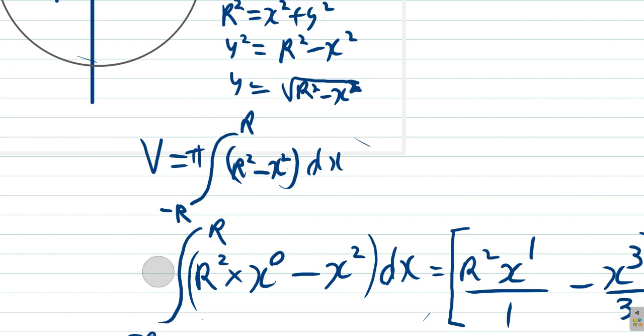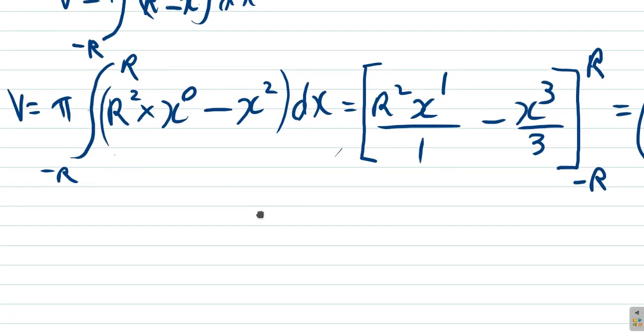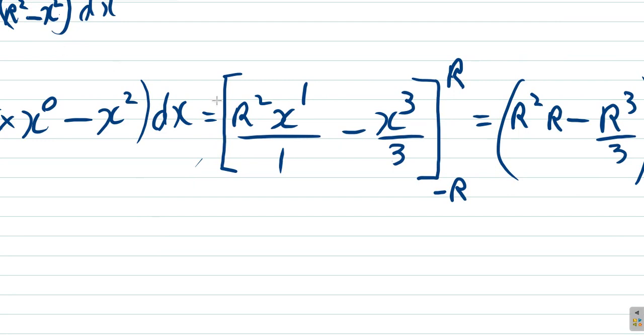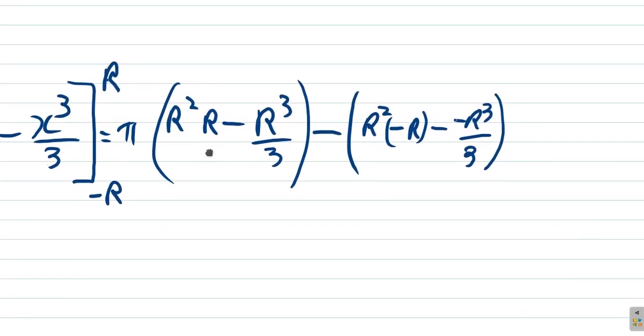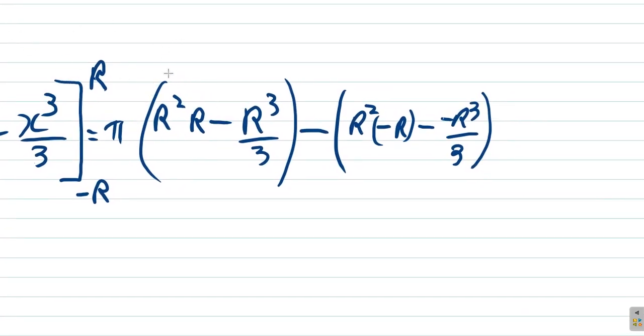You have a number times a function, the integral of that is the same as the number times the integral of the function. So pi times all of this. So the pi is here times all of that, and this is equal to pi times all of this, right? So pi will times everything here.